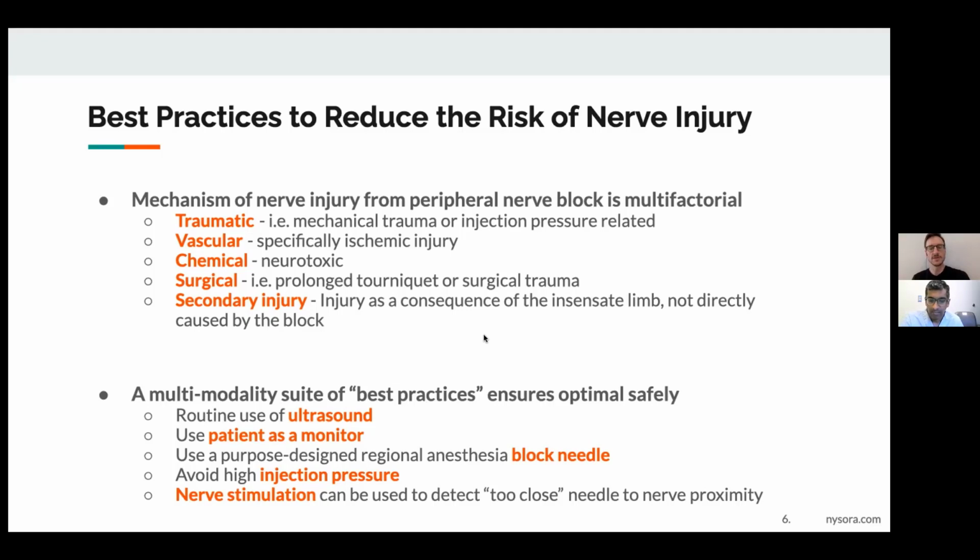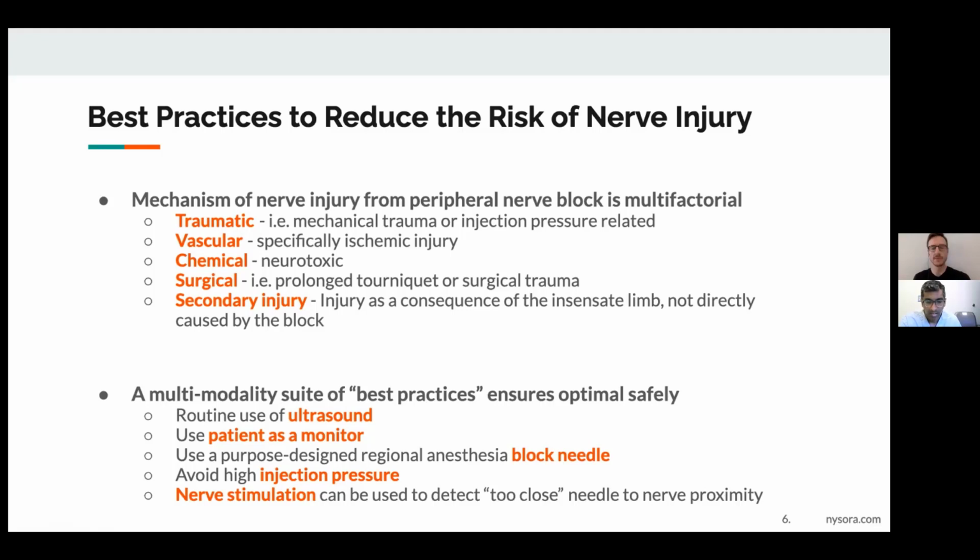So to hopefully reduce, particularly the first one, traumatic injuries, as well as a few of these others, we advocate for a suite of best practices to ensure optimal safety. So we recommend the routine use of ultrasound. We recommend using the patient as a monitor, and I'm going to elaborate on what I mean by each of these in a subsequent slide.